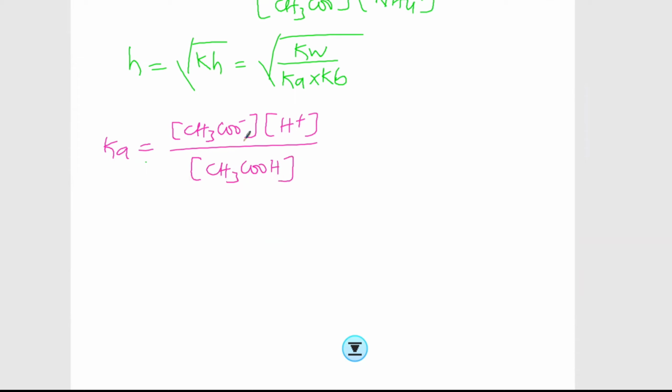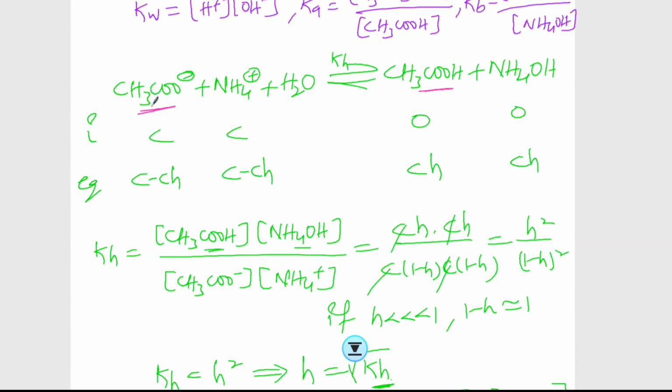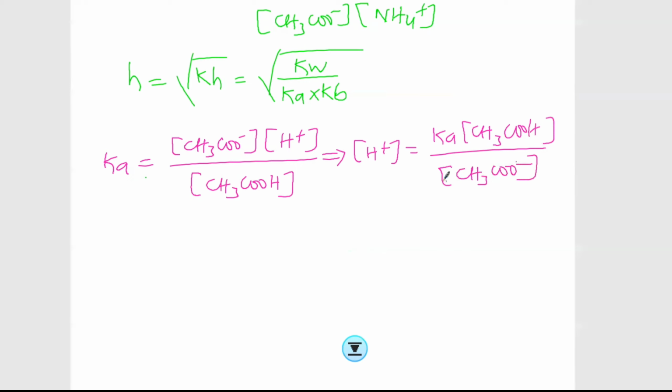Because we know the ion concentration, you can see here we know the concentration of acetic acid and its ion. That is the reason we are using this equation. From this we can calculate H plus. So H plus is equal to Ka into CH3COOH divided by CH3COO minus.